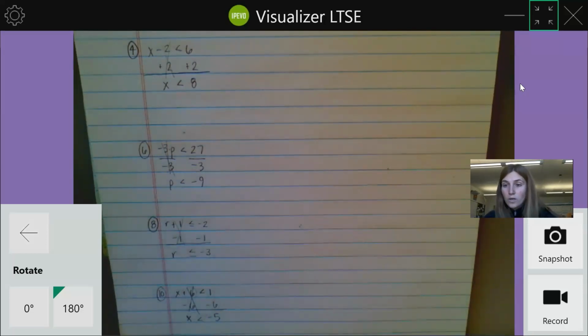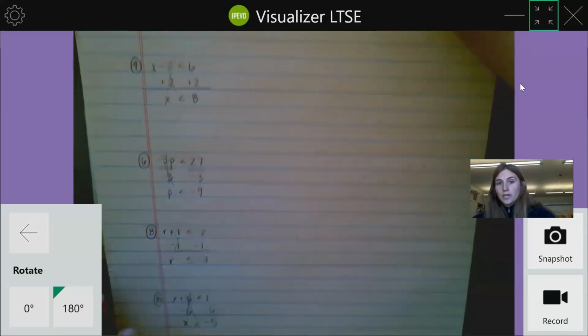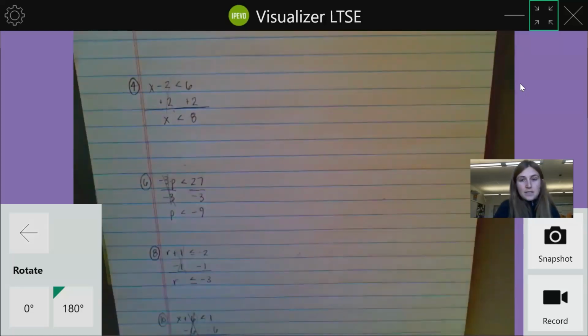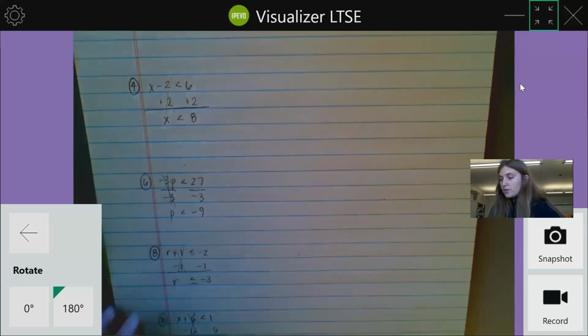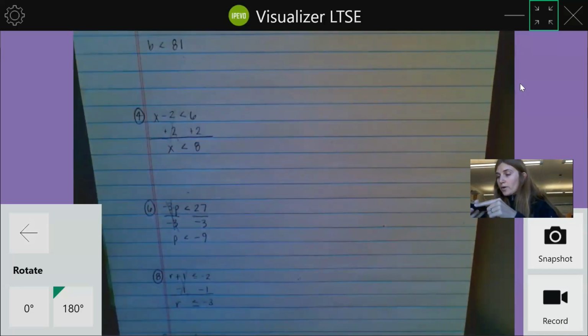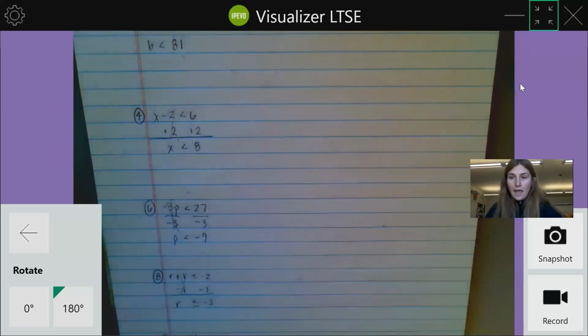And then what you're going to do, and I'm going to try and show you right now, is you're going to take your phone and you're going to take a picture of your work. Okay? And then from your phone, you should be able to go into Google Classroom, into the app, and from there upload the picture directly to the assignment.